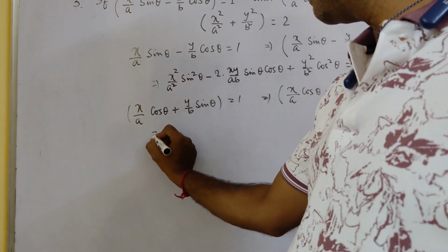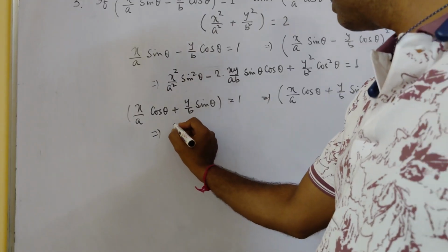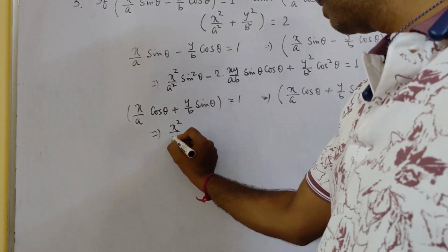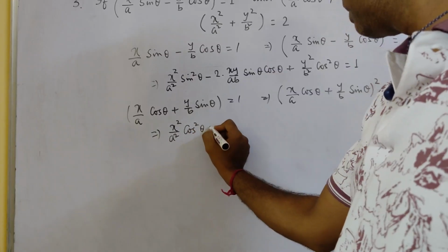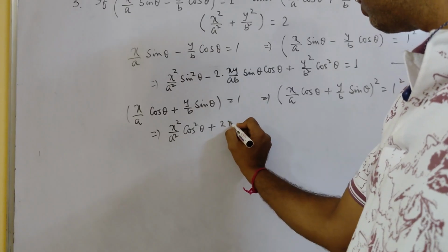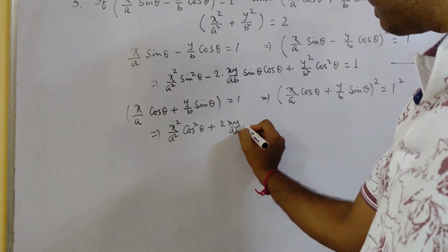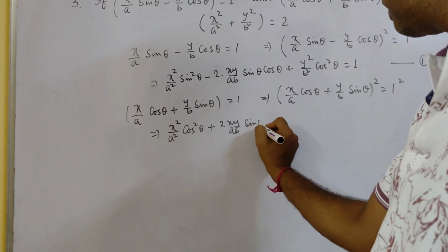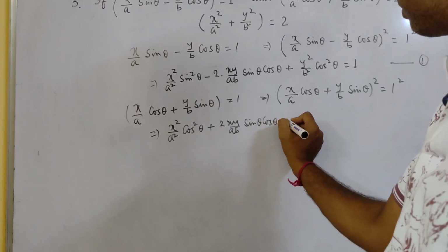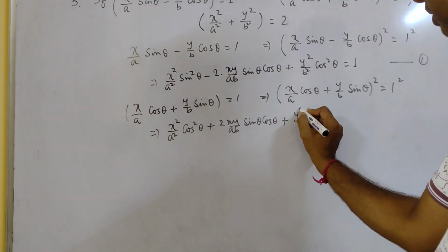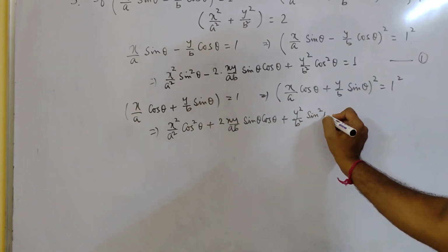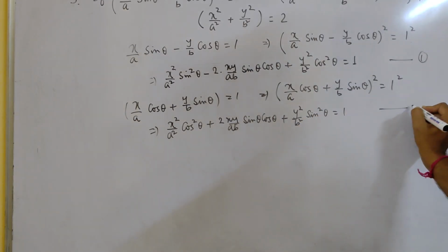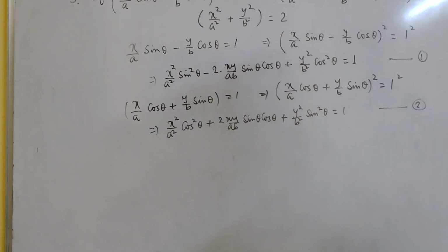So we can expand this whole square term as x square by a square cos square theta plus 2xy by ab sin theta cos theta plus y square by b square sin square theta is equal to 1. This is equation number 2.